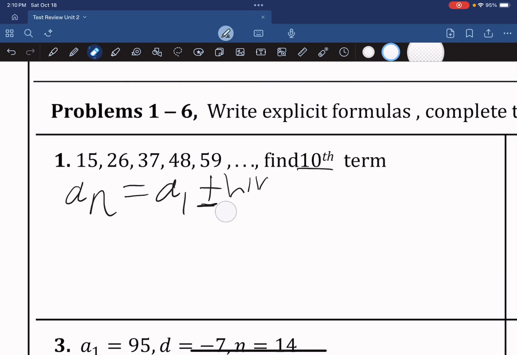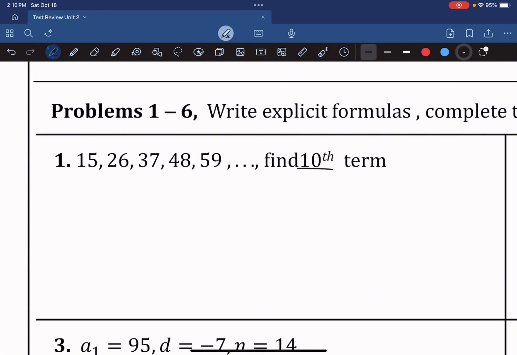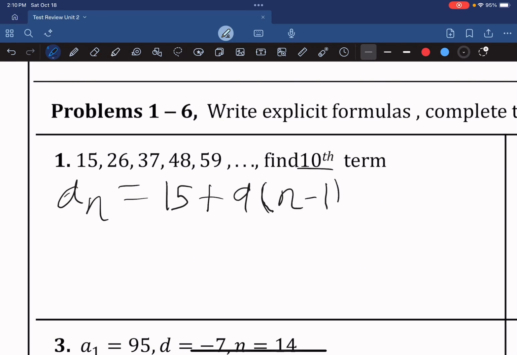Alright, so to write this formula, let's first start with a general formula. So a of n equals first term plus 9, which is our d, times n minus 1.